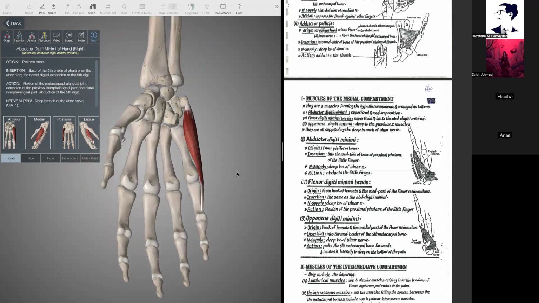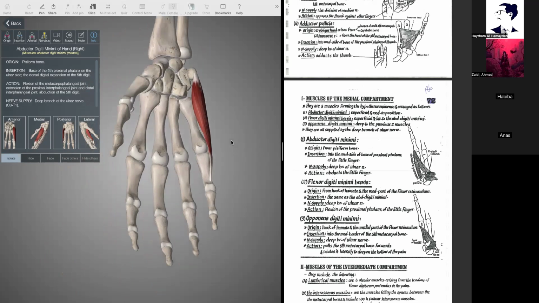Nerve supply: ulnar, we already said that. What does it do? Abductor digiti minimi abducts the small finger. End of discussion.